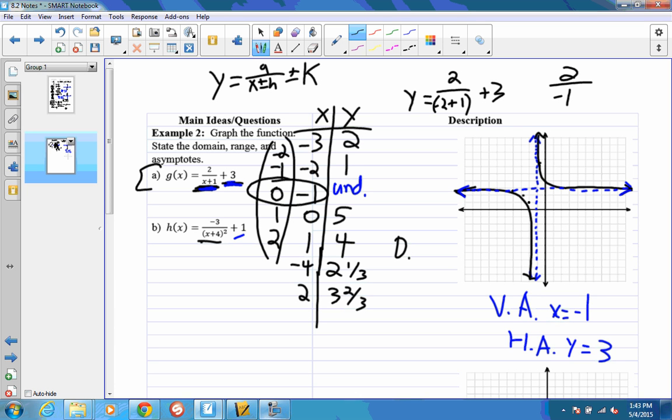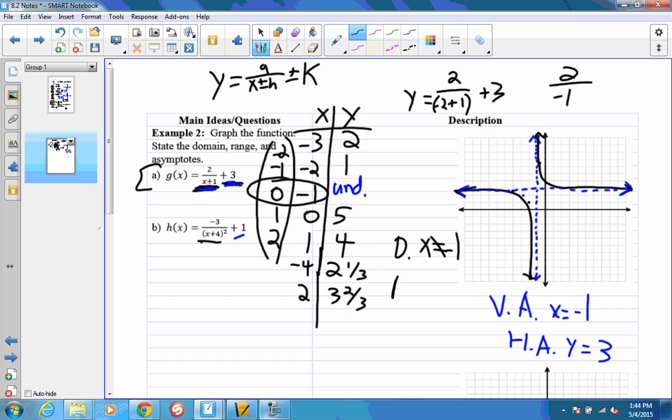It's not all real numbers. X cannot equal -1. I moved it, it was 0. Guys, just look at your asymptotes. You'll change that to a not equals, or sometimes to a greater than, less than.